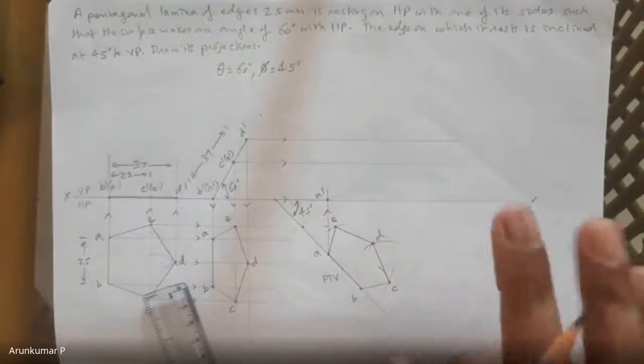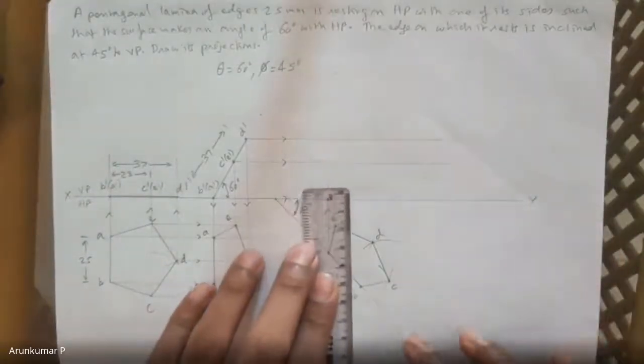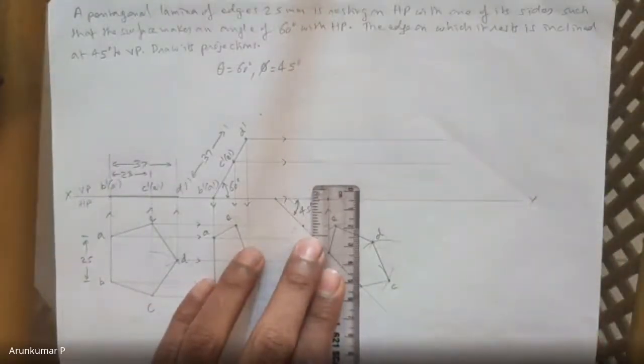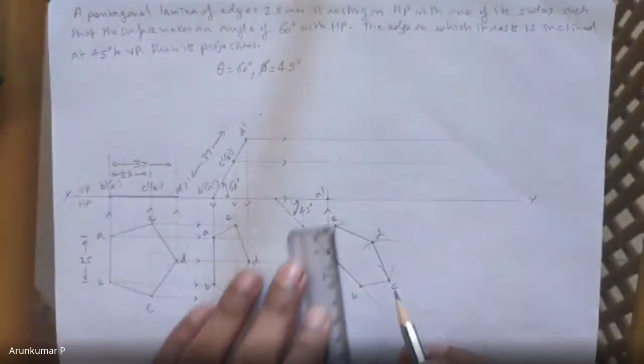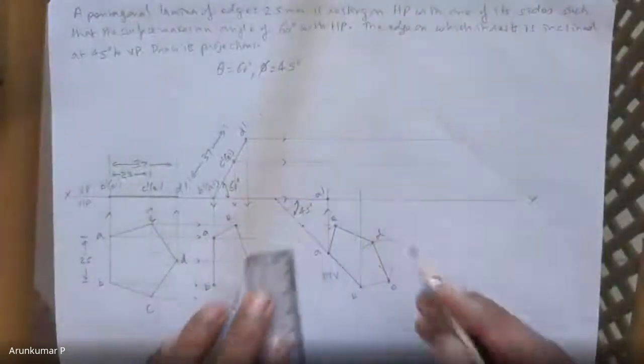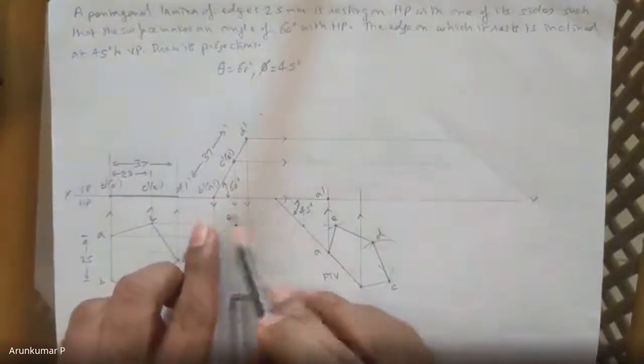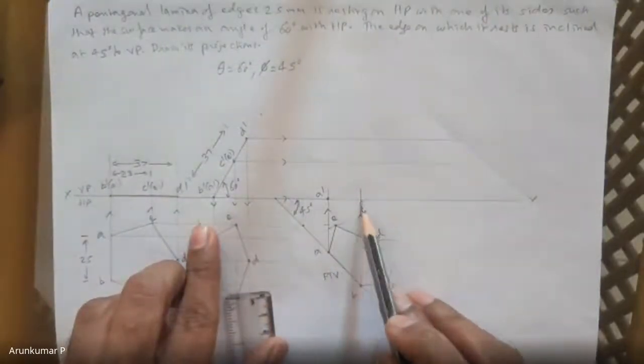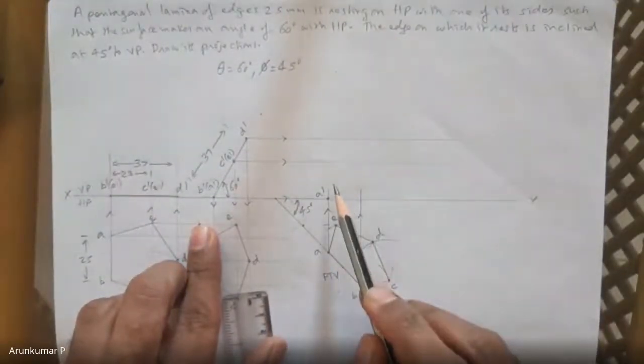So this is what I generally advise to the students, and many of the students follow this to avoid the confusion. So now B. Now you see, I am going to project the vertical projector of B again till XY line only. Why? Because B dash is on XY line. Why I should project it till the top?